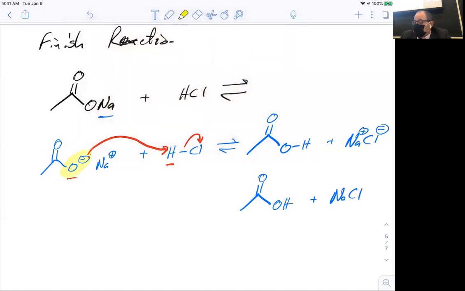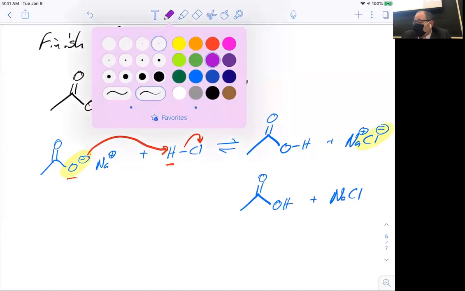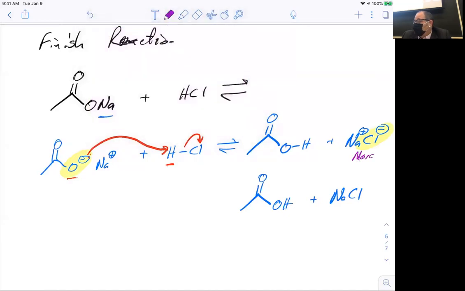I'm comparing this oxygen negative with the chlorine negative. Now, again, we look at atoms, which is more stable, a halide, like a chloride ion, or a bromide, or an oxygen. The chloride ion is going to be more stable, right? So since this side is more stable, I go towards the more stable side.